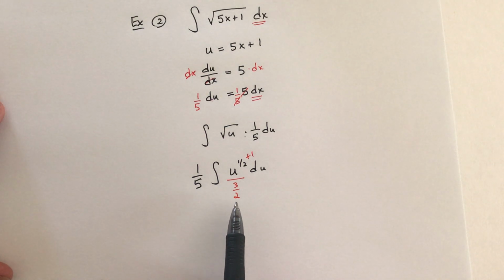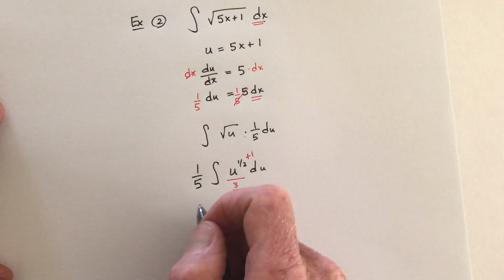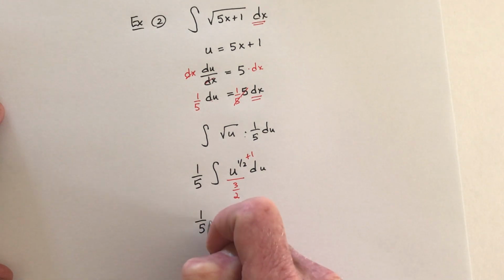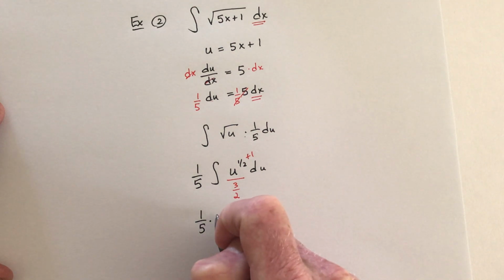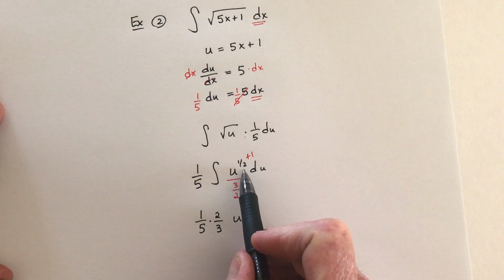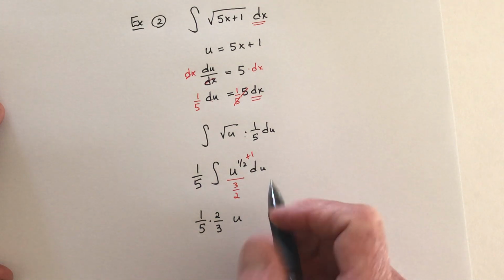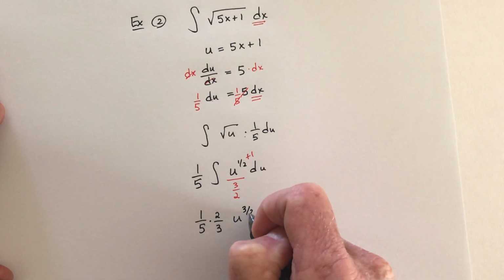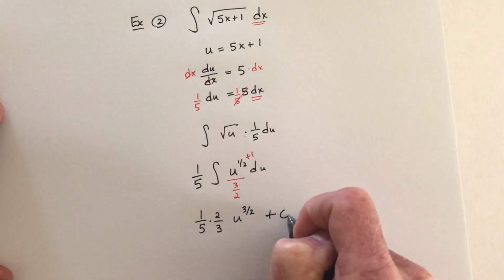Well, when you divide by a fraction, that actually means invert it and multiply. So there was already the 1/5 on the outside. Then invert this fraction so it becomes 2/3. And then this part is going to become u to the 3/2. And now that we've done the antiderivative, just put a plus c.